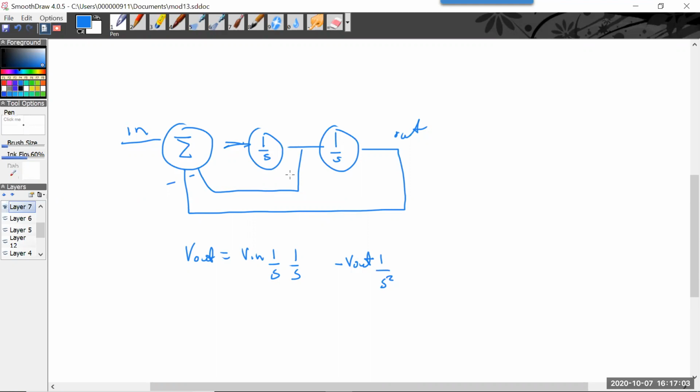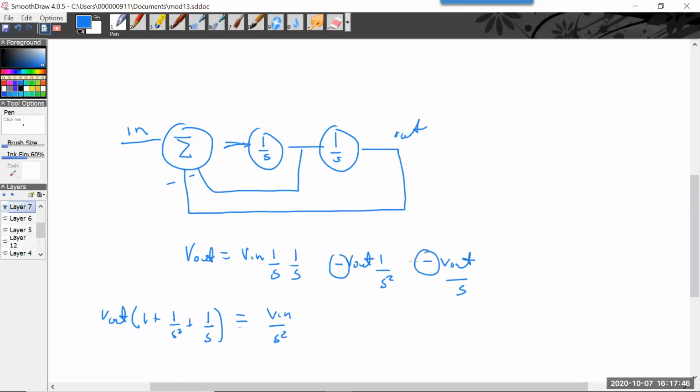But V out also has this loop too. Okay. So right here, this is as far as we need to go.